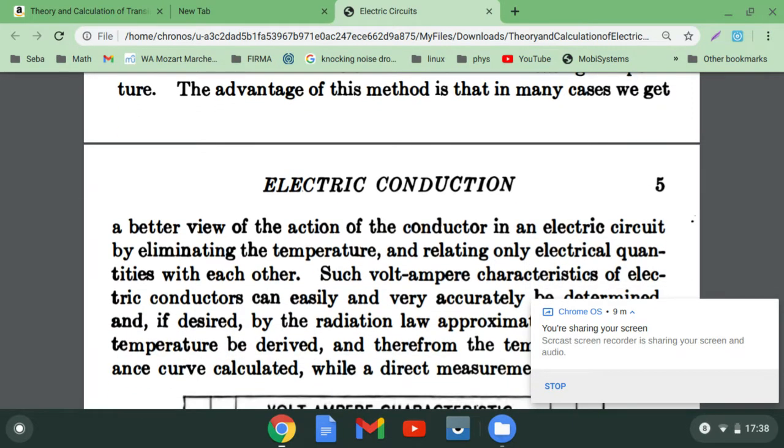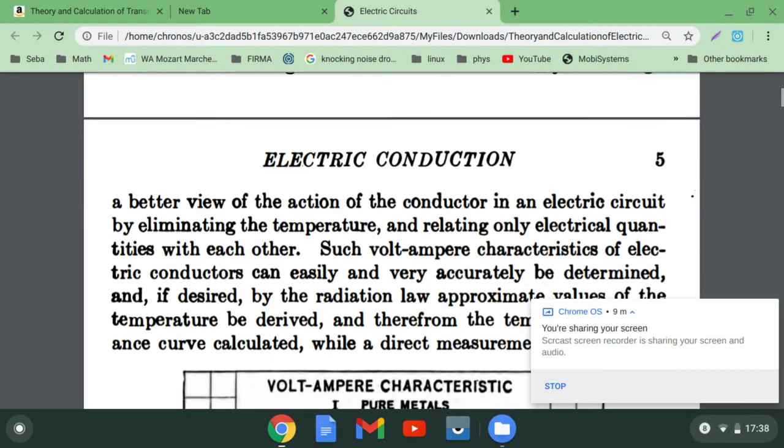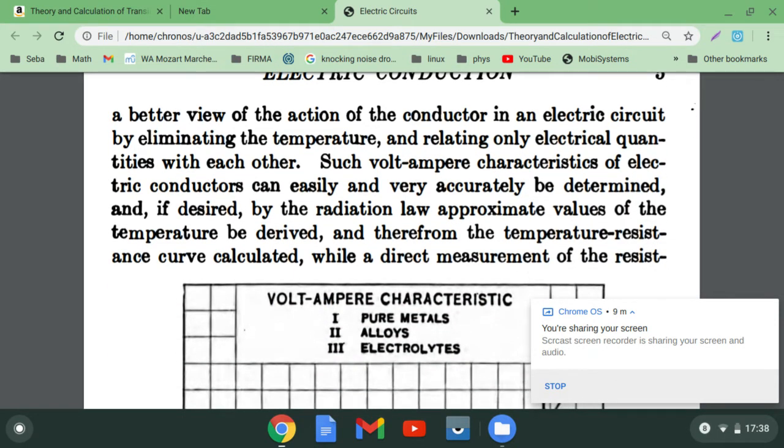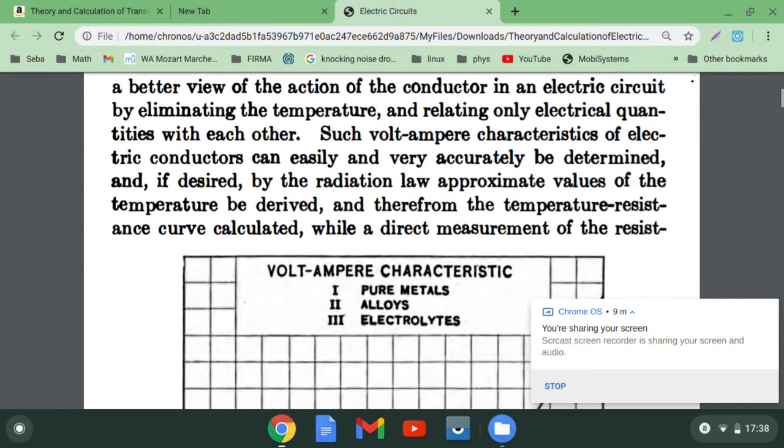The advantage of this method is that in many cases we get a better view of the action of the conductor in an electric circuit by eliminating the temperature and relating only electrical quantities with each other.